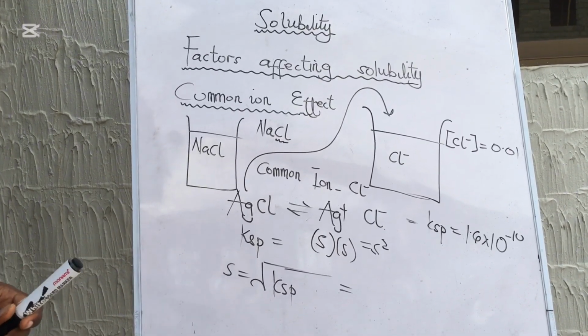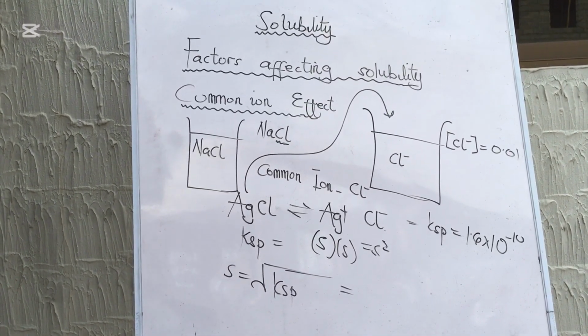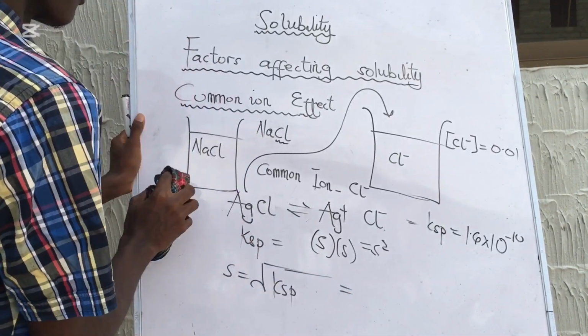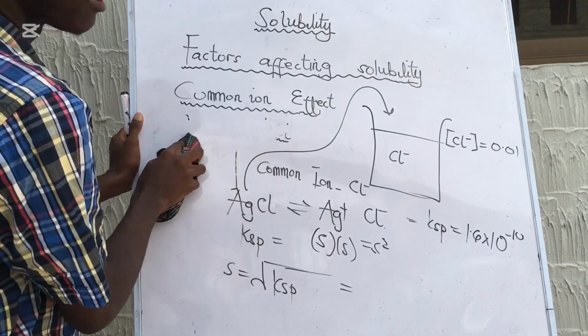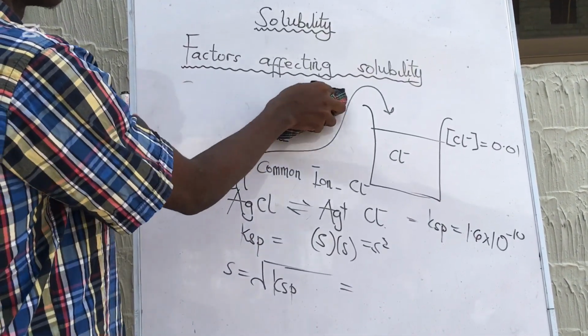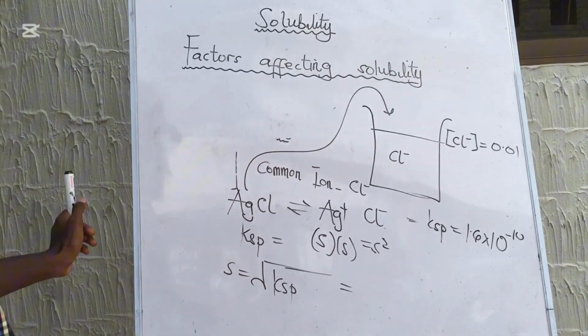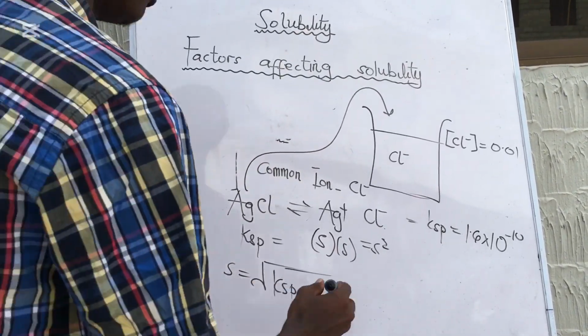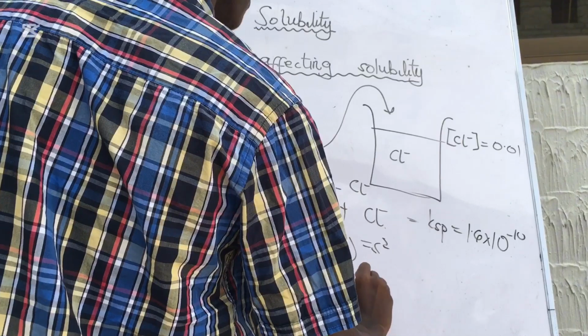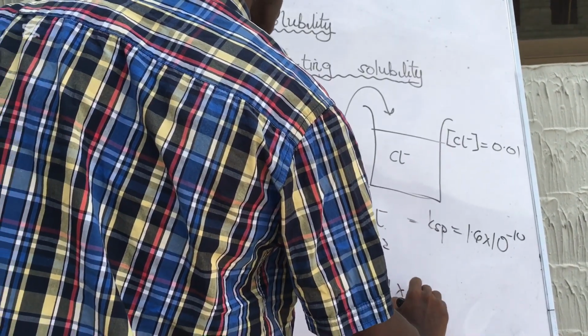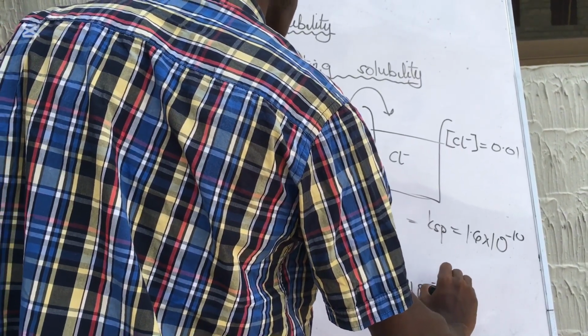Remember that there's an assumption that I want you all to pay attention to. Remember that this one is going to give you a certain value, let's say a certain value times 10 raised to the power negative 5.